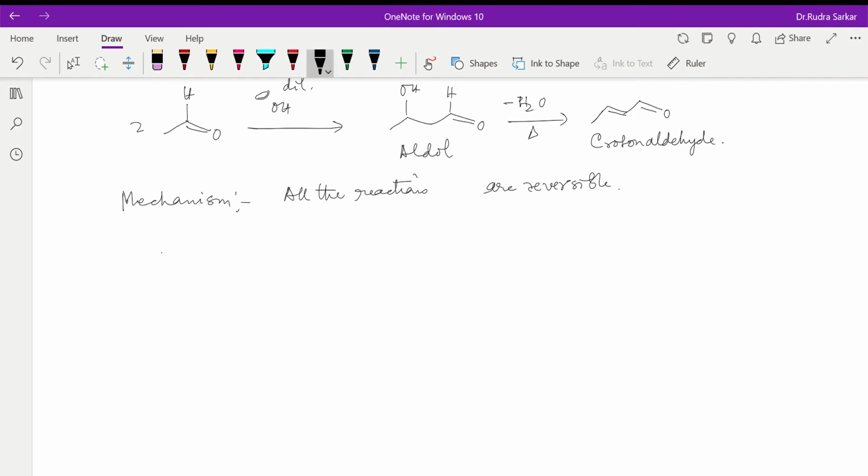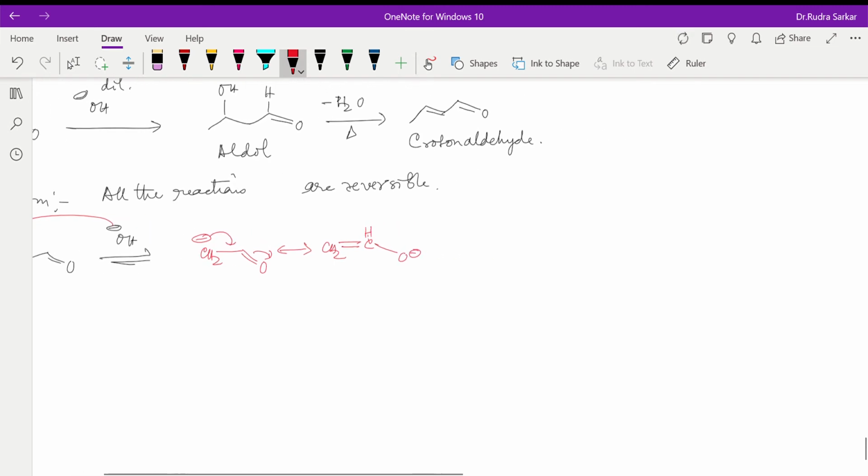Now suppose we have H-CH2-CHO, in presence of base, the proton will be abstracted, leading to formation of anion that will exist in resonance with the enolate.